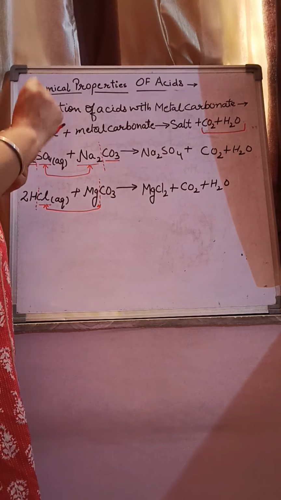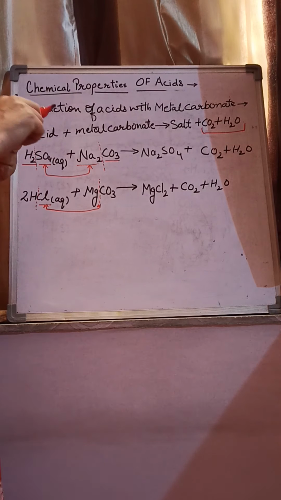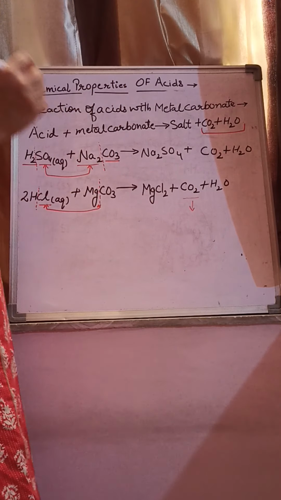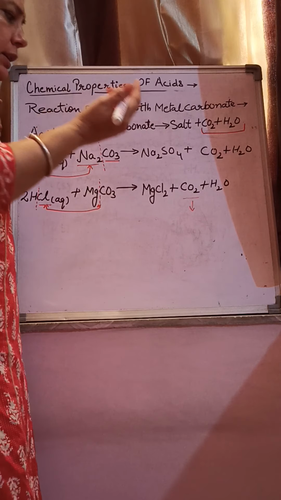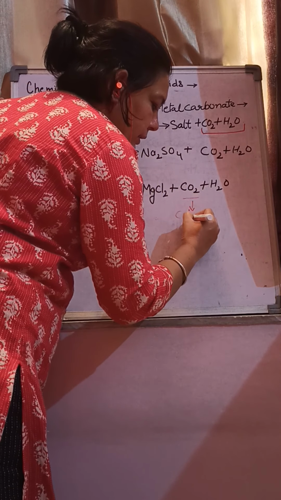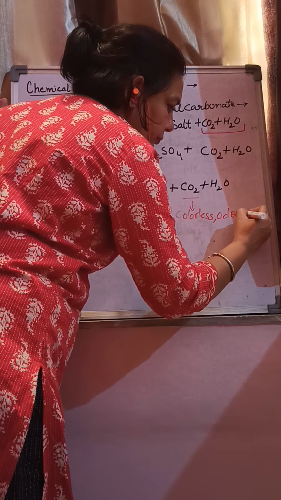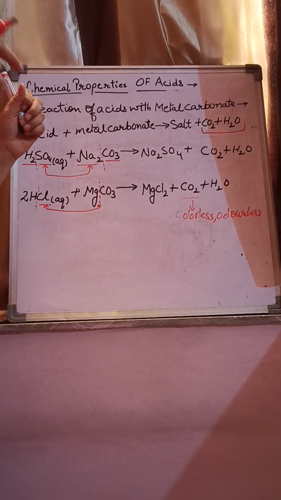Now again, because one gas is evolved in this reaction and that gas is carbon dioxide, how can we identify that the gas evolved is carbon dioxide? It is a colorless gas and it is odorless also. To test the presence of carbon dioxide, there are various tests.